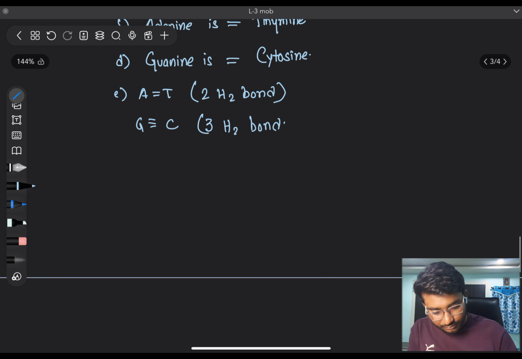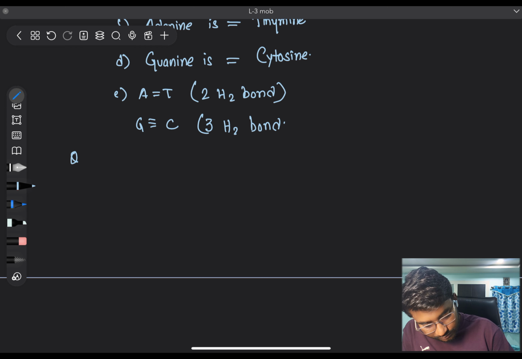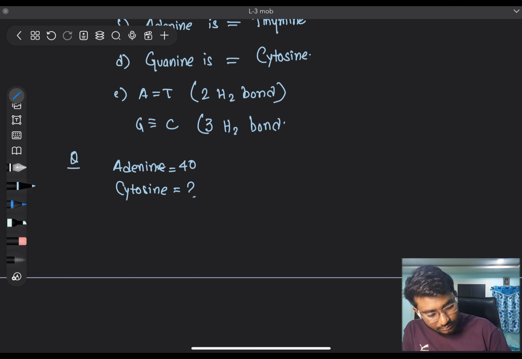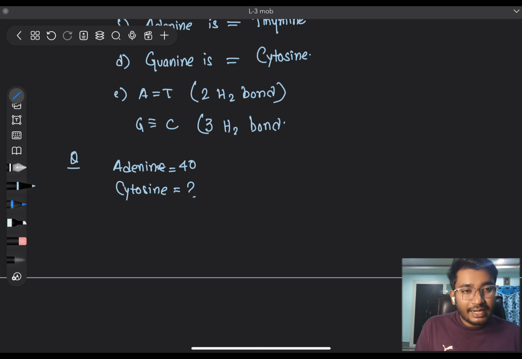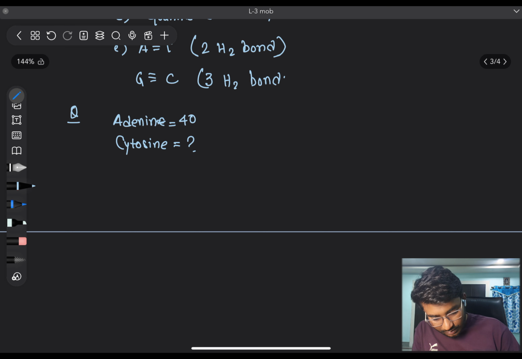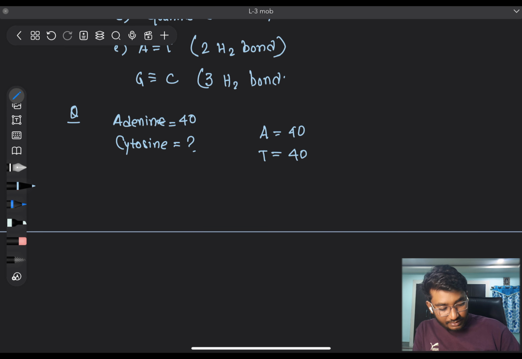Now the climax. If the question says adenine is 40, then what is the value of cytosine? We know adenine equals thymine, so if adenine is 40, thymine is also 40.